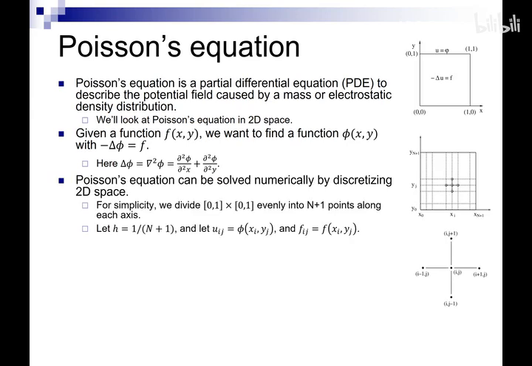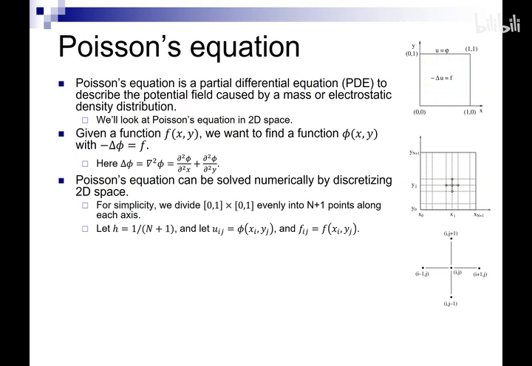Let's say you have this part of the 2D space, and let's focus on some region, from 0, 0 up to 1, 1, the square region over here. Suppose you know a bunch of values: you have this function f defined in this range.